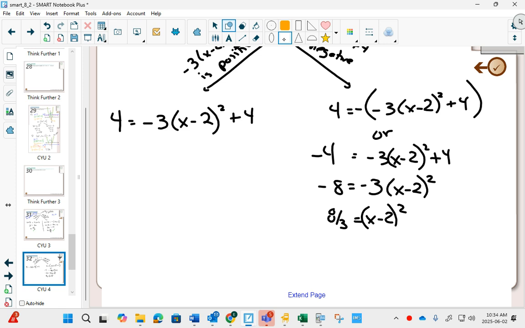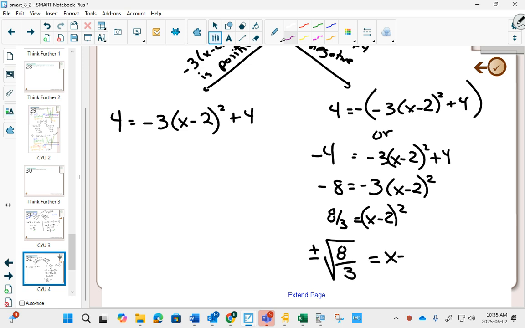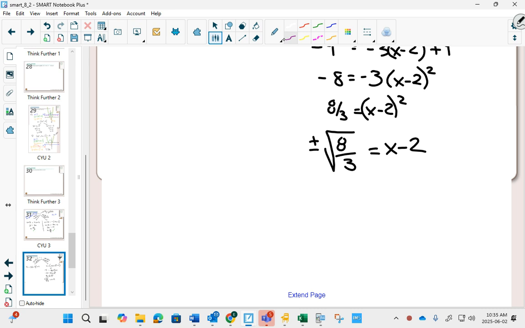Okay? Then how do I get rid of the squared? I square root both sides, which means I'm going to need a plus or minus. Square root of 8 over 3 equals x minus 2. To get x by itself, I'd have to add 2 to both sides.